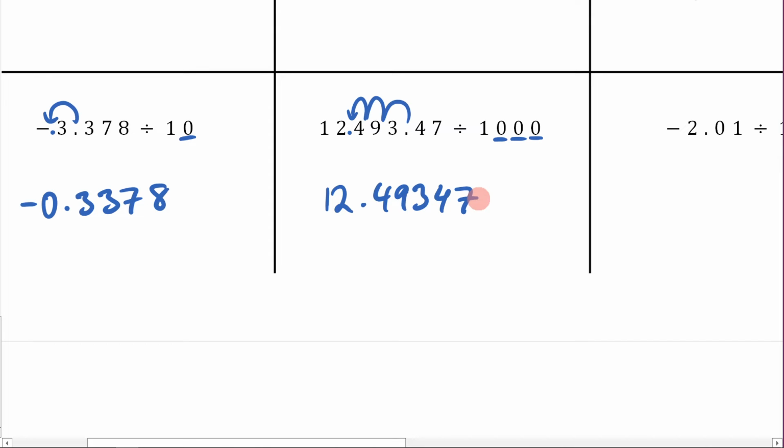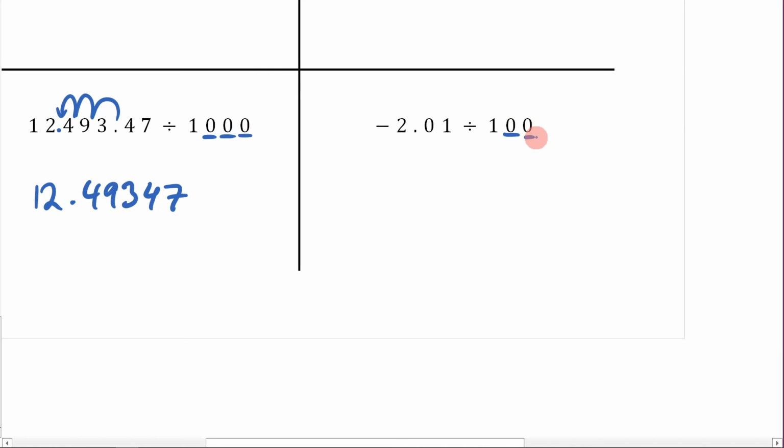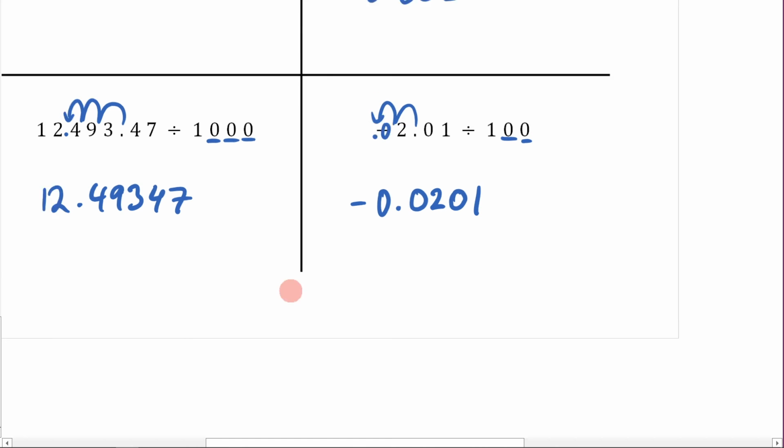And then the last but not least, I've got 2 again. So it's going to be 1, 2. So it's going to be there. Now a 0 is going to exist there, and it's still going to be negative. So it's going to be negative 0.0201. All right, because I moved it twice. So there it is right there.